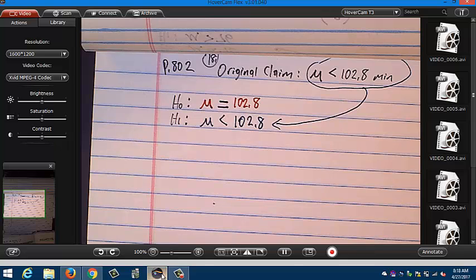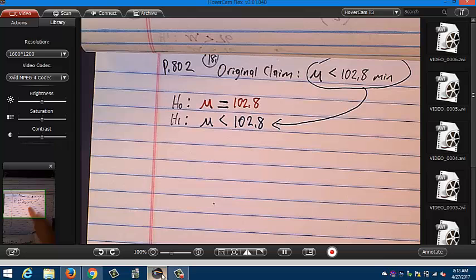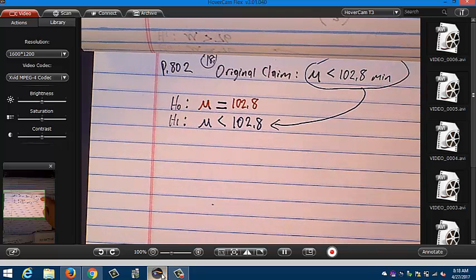Yeah, go ahead. So if there's no equality, then the null hypothesis has to have equality? Yes. The null hypothesis must have equality. And so you really look at the original claim, and if it has equality, I'll go null. But if it doesn't, the alternative; that's why you've seen sometimes we've done it one way, sometimes the other. So if the original claim was mu equals, then it will just go right to the null.